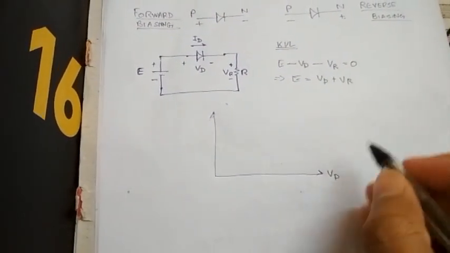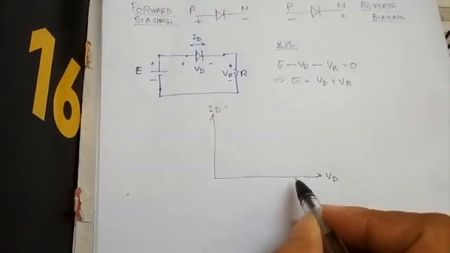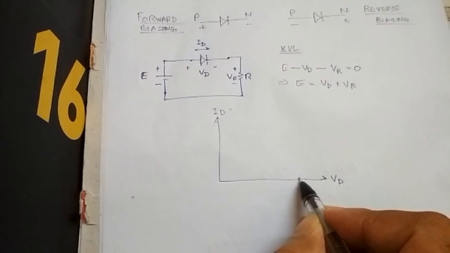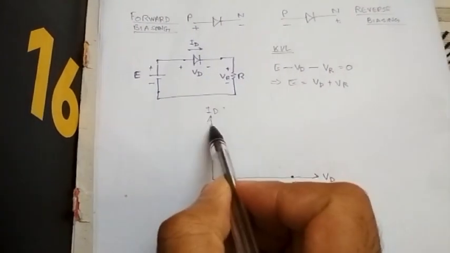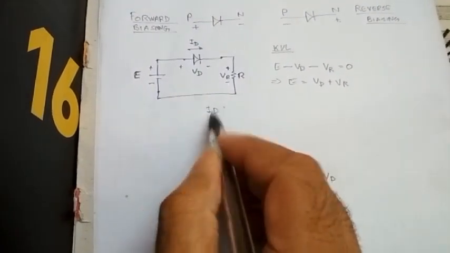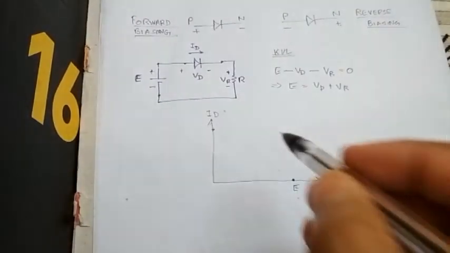This is VD and this is ID. Now say for example we take this point as E and this is ID, that is the current through this diode.